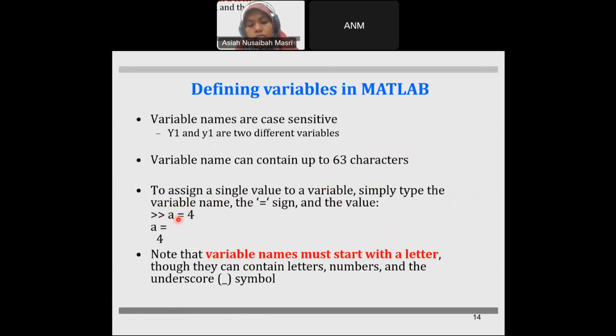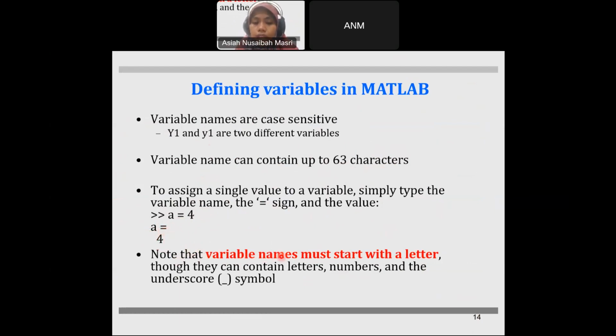So here we say that A is equals to 4, and we didn't put any semicolon here. When we do not put any semicolon, it means that we want it to be displayed. So the data will be displayed back: A is equals to 4. But if we put a semicolon, then nothing will happen. It won't show. But if we ask what is A, it will display it for us again: A is equals to 4.